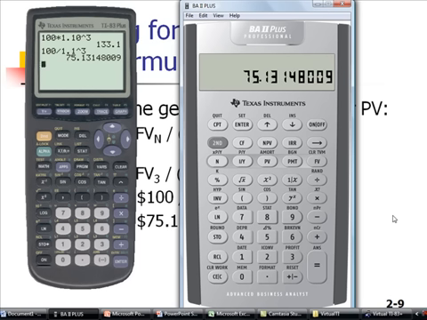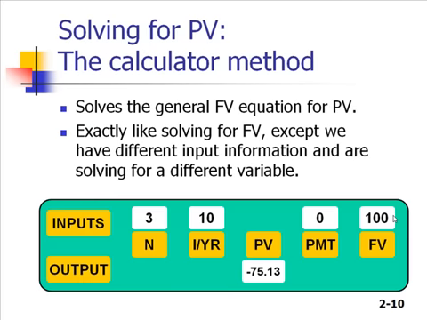So under an interest rate of 10%, a person should be equally happy getting $75.13 today or getting $100 3 years from now. Again, there is a calculator method for solving this problem, but I'm not going to get into the calculator shortcuts just yet because you really don't need to for that sort of problem. It's not that difficult to just do it using the equation.